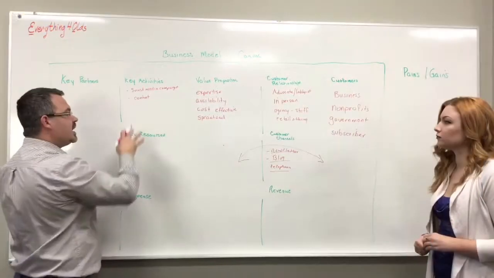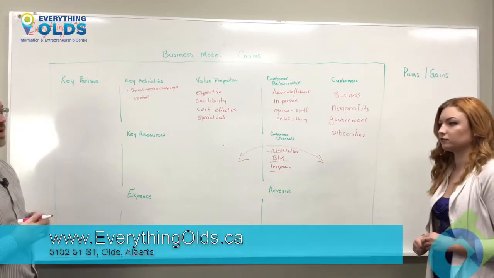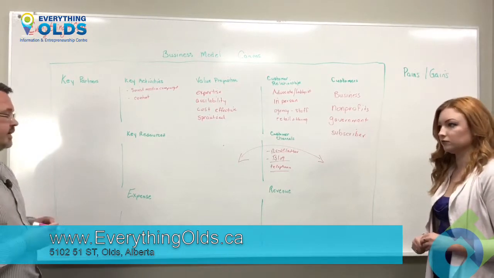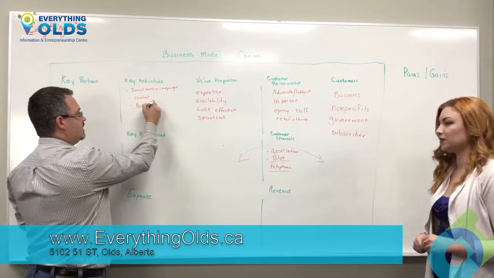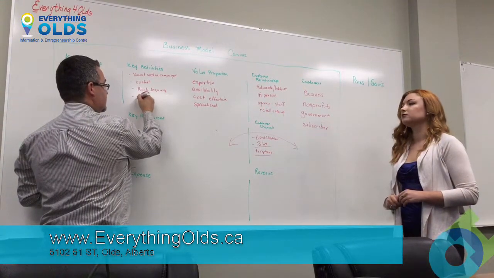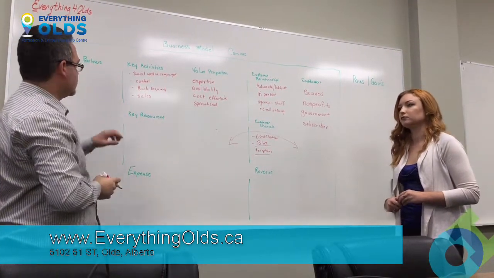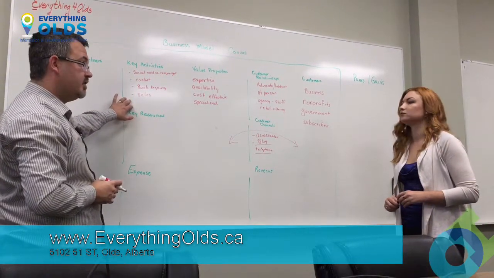The key activities of your business may be very marketing related, but there are also things that aren't so much, like who's doing the bookkeeping, and how are you creating sales? Those are also other forms of key activities within a business. How are you managing your staff?